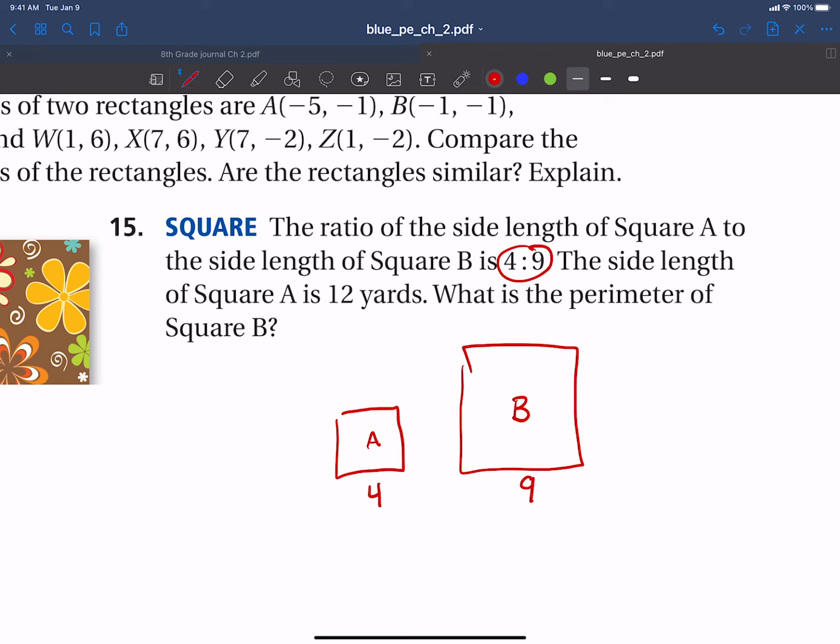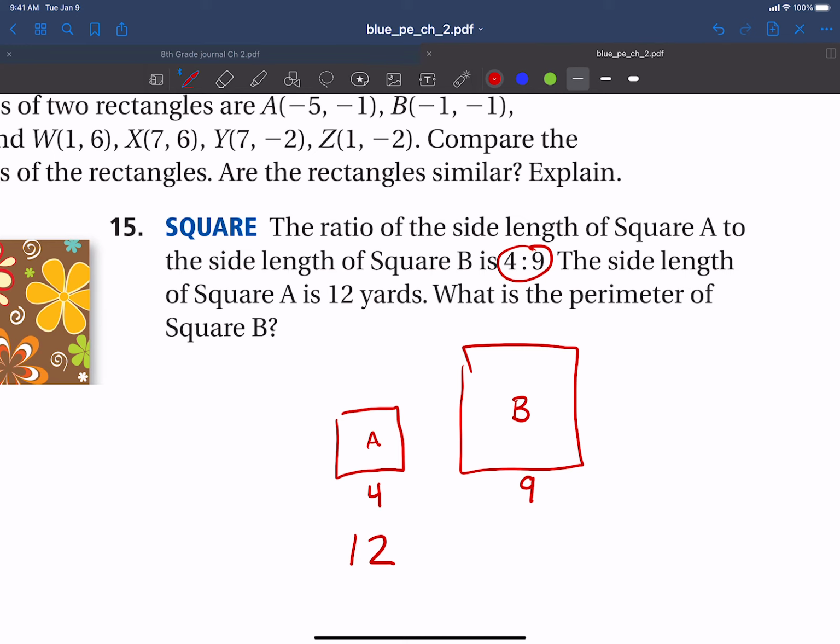The rest of the question says though, the side length, are you listening? The side length of square A is 12. Y'all, didn't you just tell me it was 4? Okay, so they're telling me it is 12. What could the perimeter of square B be? Okay, hold up.